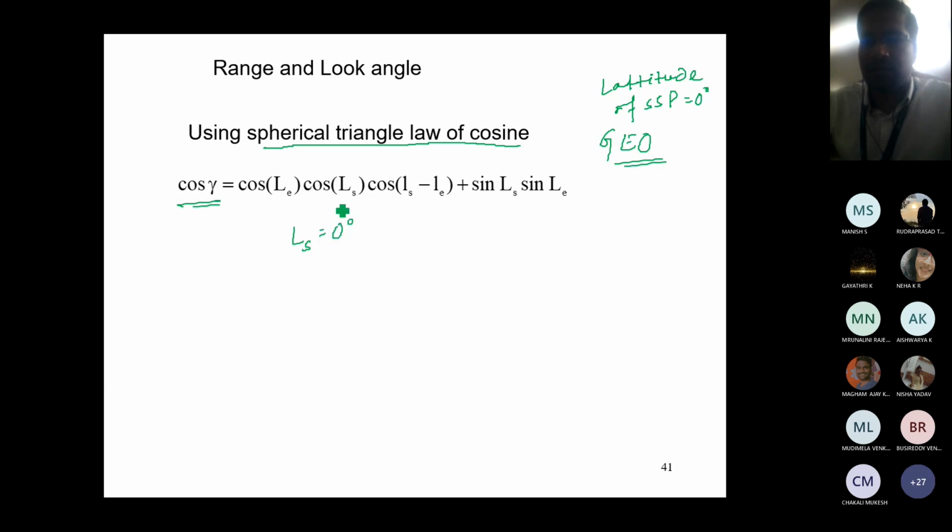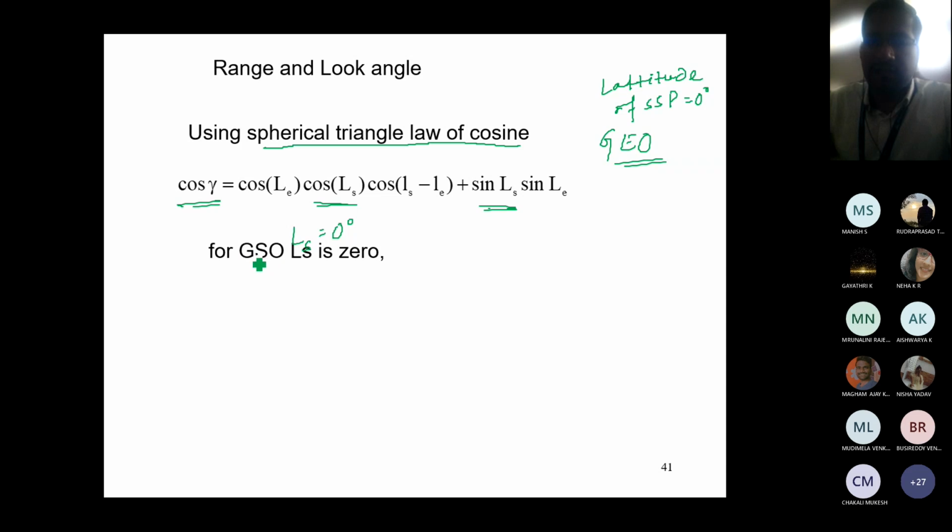So cos of 0 will become 1. Similarly, here sine of 0 will be 0. So 0 multiplied by anything, this particular term will become 0. But this one is 1 because cos of 0 is 1. So for GSO or geosynchronous orbit, LS is 0.